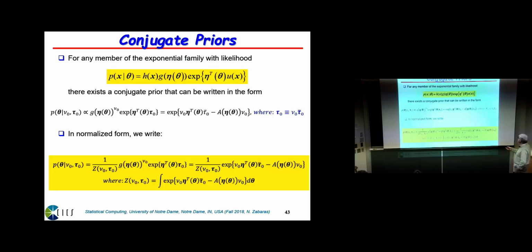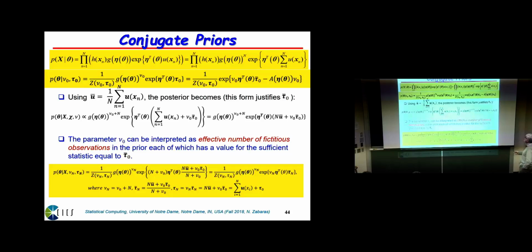And as we indicated on Tuesday, if the likelihood looks like this, and we use a prior that follows a similar form that I'm writing here, where all the subscripts 0 indicate prior, then if we multiply the two things together, and we assume that we have a number of data points x1 to xn, we can write the posterior also in the exponential family, where the only thing we do, because it's a conjugate prior, is update the coefficients nu n and tau n from the prior values to the posterior values.